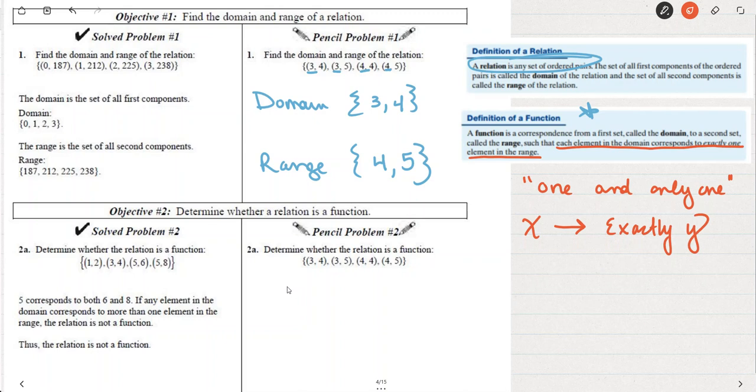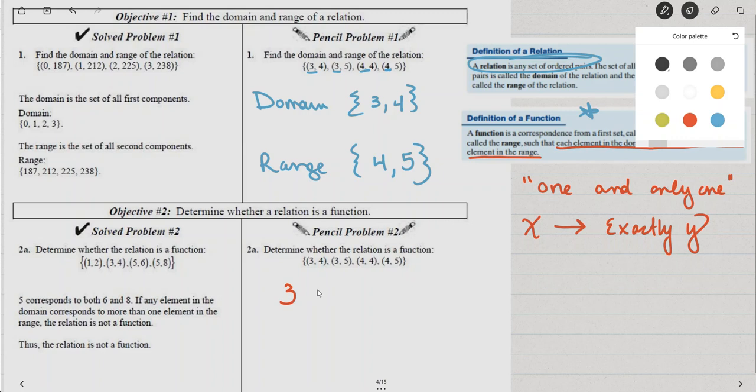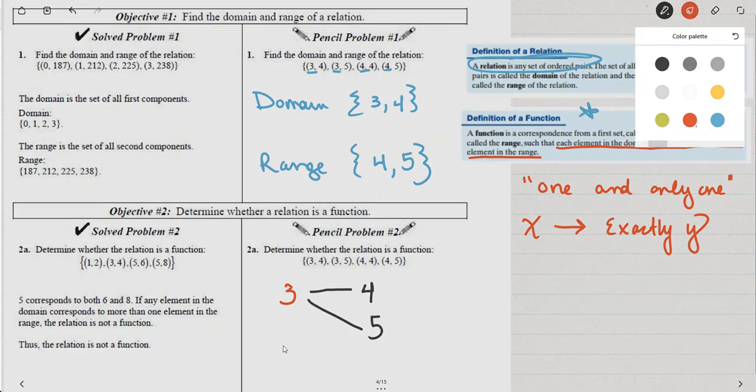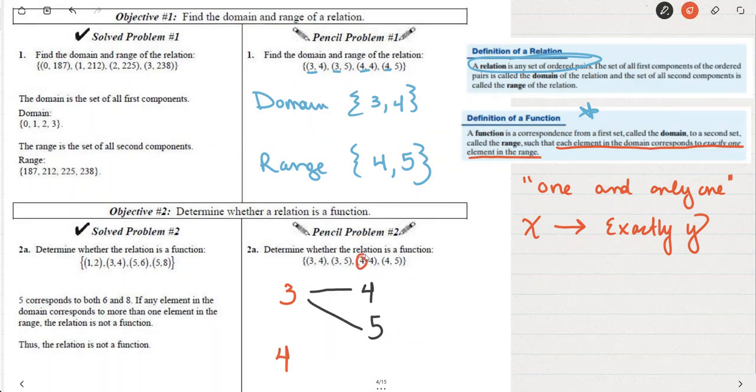Now, when I look at this example, I could see that the 3 pairs to a 4 and also a 5. But when I look at the 4, 4 is also paired to 4 and 5.